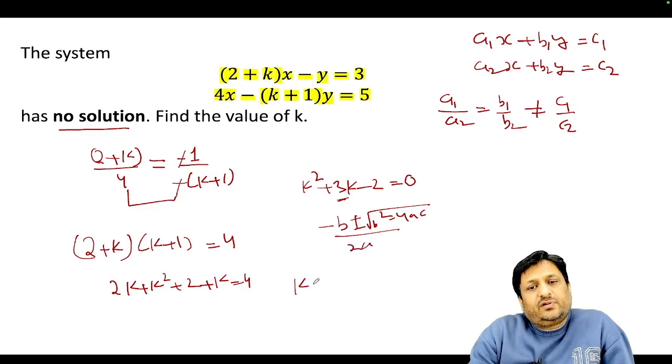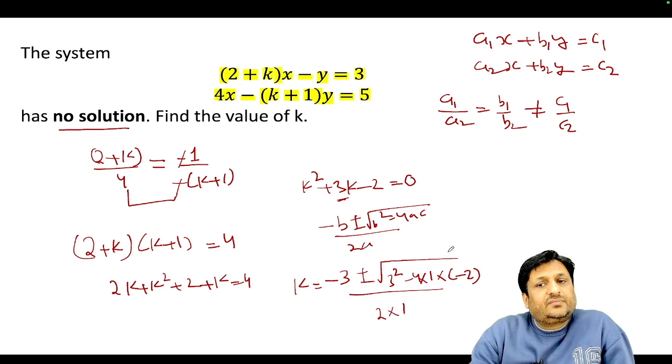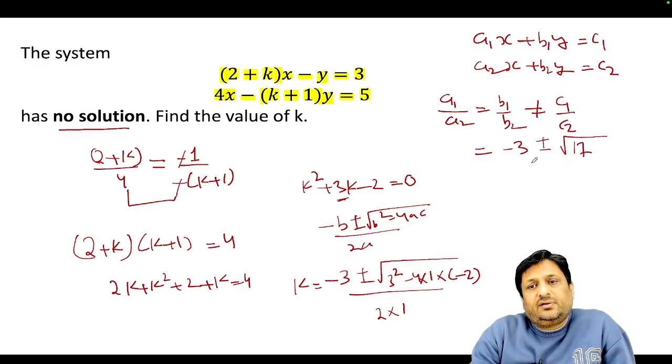So the value of k will be minus 3, the coefficient of k, plus minus square root of b square, which is 3 square, minus 4, where a is the coefficient of k square and c is the constant term, divided by 2 multiplied by 1. So what am I getting from here? I am getting minus 3 plus minus square root of 9 plus 8, 17, divided by 2. So this is the value I am getting for k.